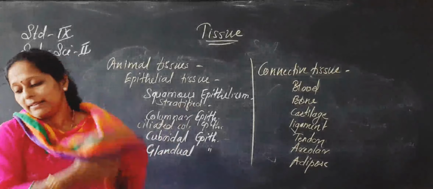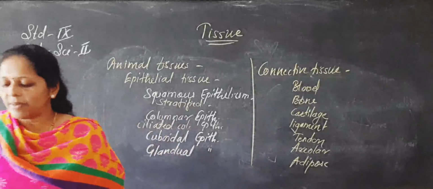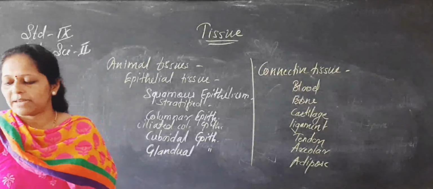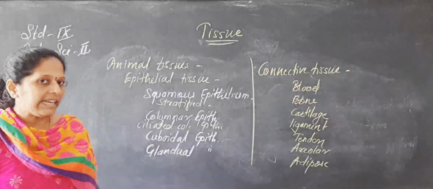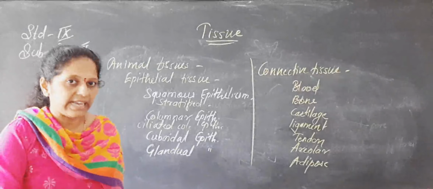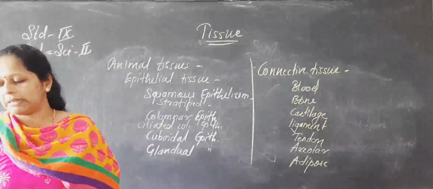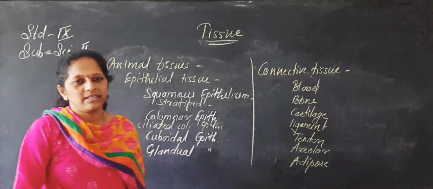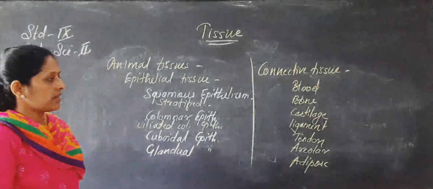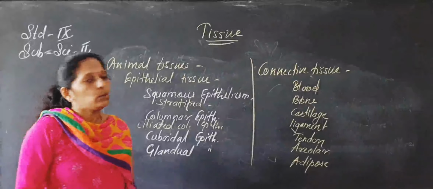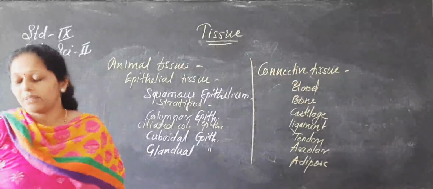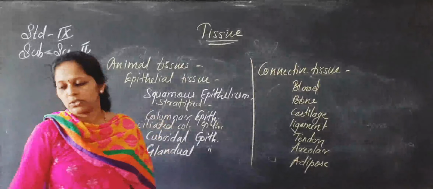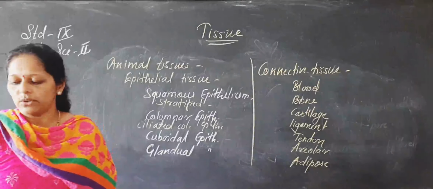The matrix may be jelly-like or fluid-like, dense or rigid, like in bone and cartilage where there are hard structures, or liquid like in the blood. So there are different types of connective tissues that we are going to see here.